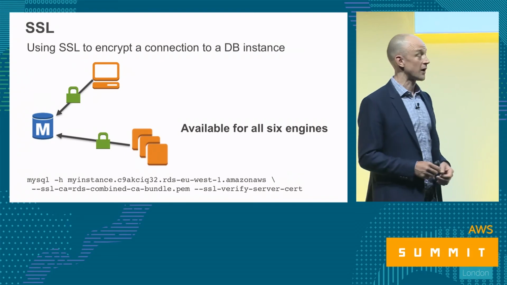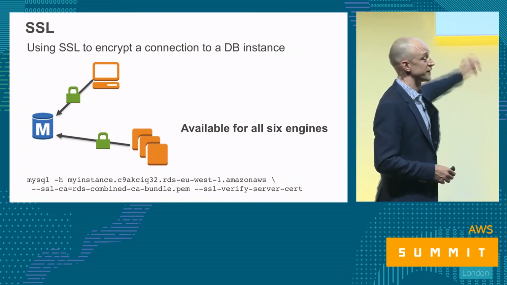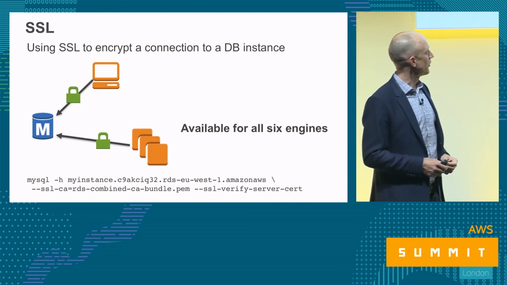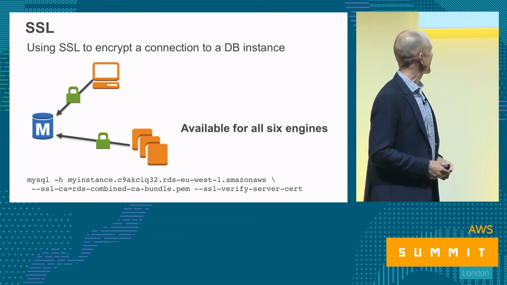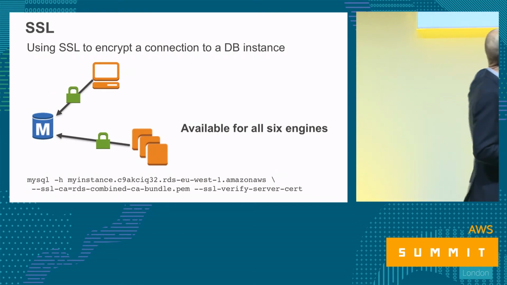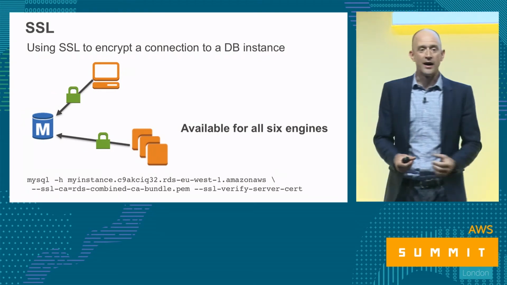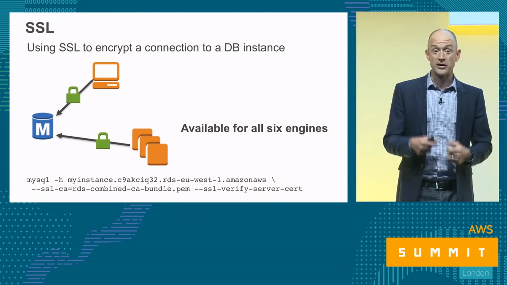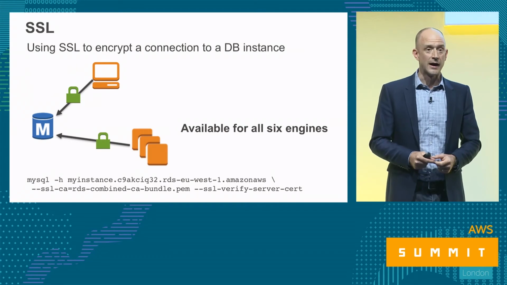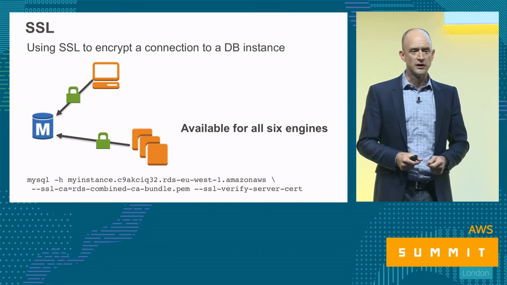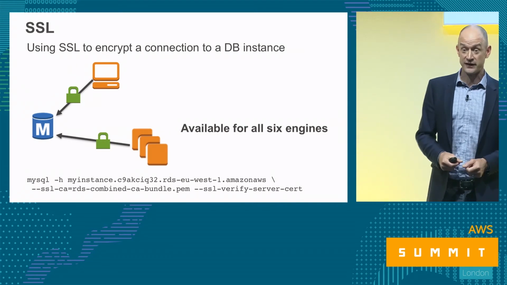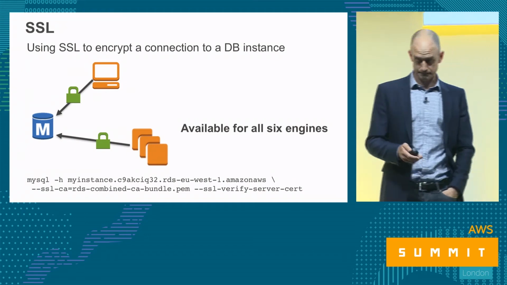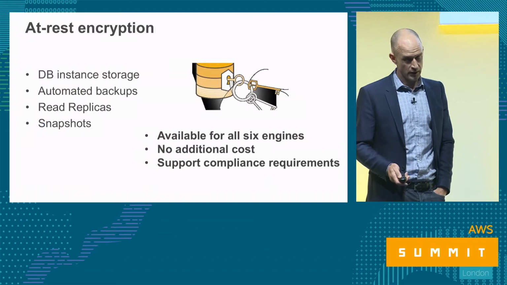We've got a sample command here using the MySQL command line utility. You have to pull down the SSL certificate bundle, and then this command line shows how you can encrypt all of that data in transit. So it really gives you control over ensuring that that data is confidential and mitigating the risk of interception. And this is available for all 6 engines of RDS.